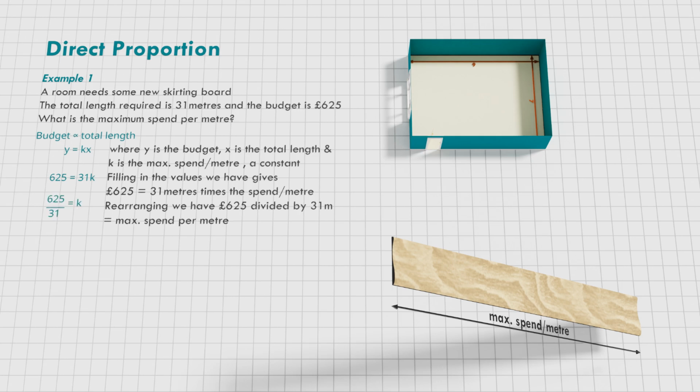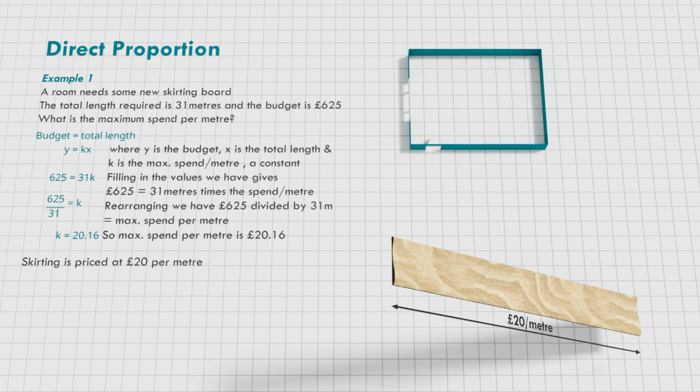Rearranging, we have 625 divided by 31 metres equals max spend per metre. So max spend per metre is £20.16. Skirting is priced at £20 per metre.